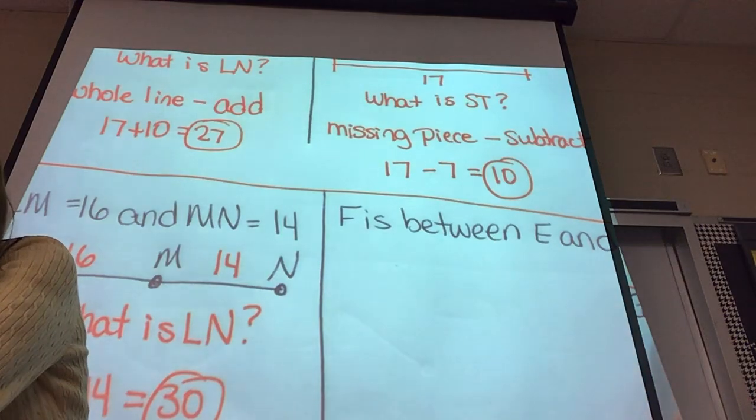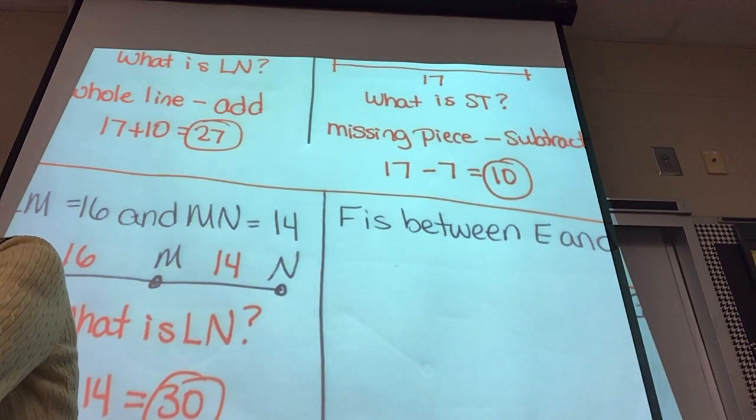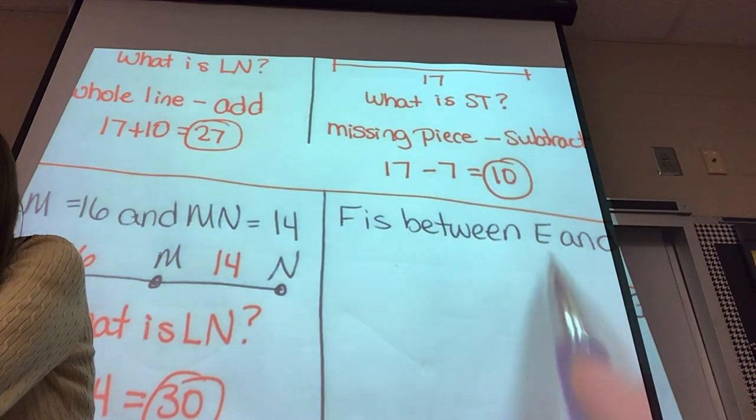So we've got F is between E and G. We should know what that looks like. That's E and G.